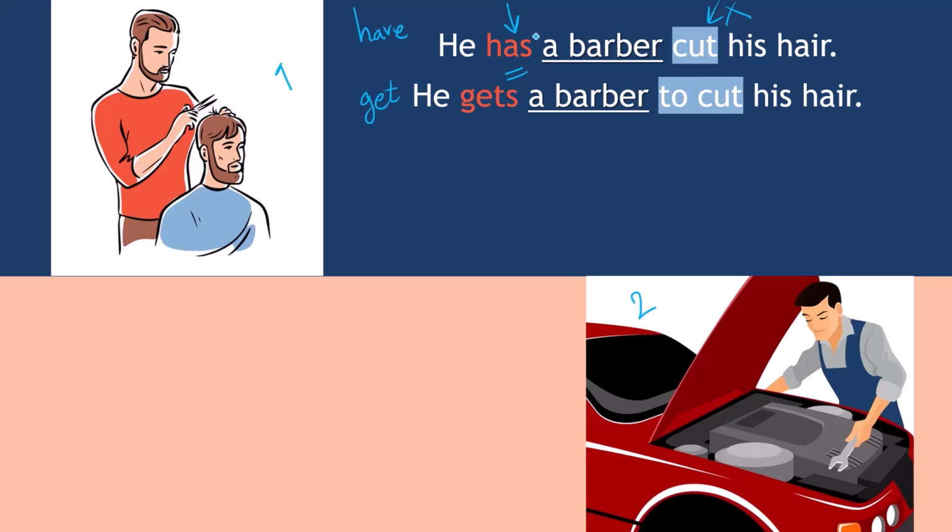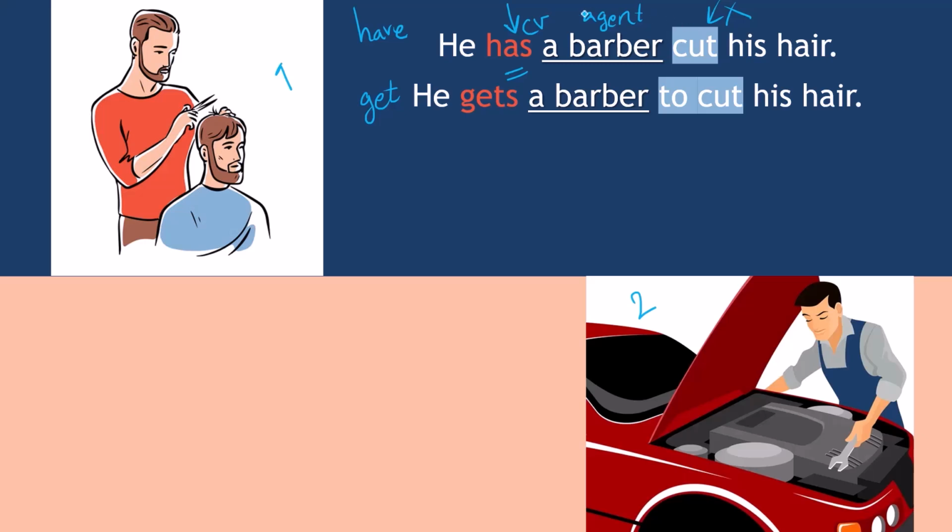Okay, so he has a barber cut his hair. So has is the causative verb here. After that, we have a subject, a doer, a person who is doing that thing. So we call it agent. Agent means doer here.